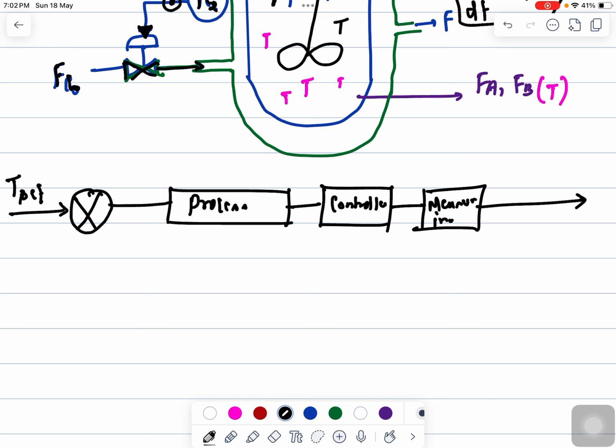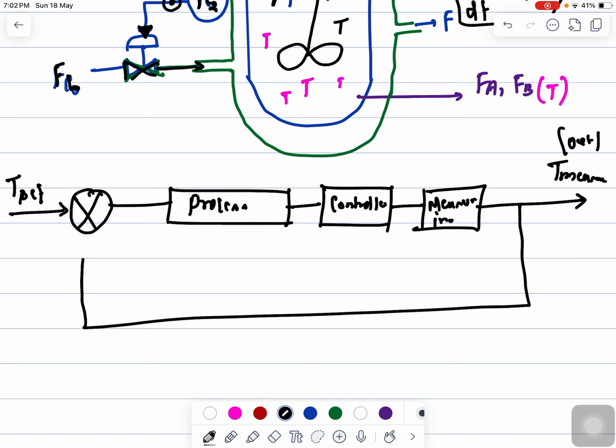This is the temperature that is required for the reaction, and here you will set that T measured value, that is the output. This output is getting compared at this comparator, and let's say this is minus and this is plus, so the error will be generated, which is equal to T set point minus T measured.